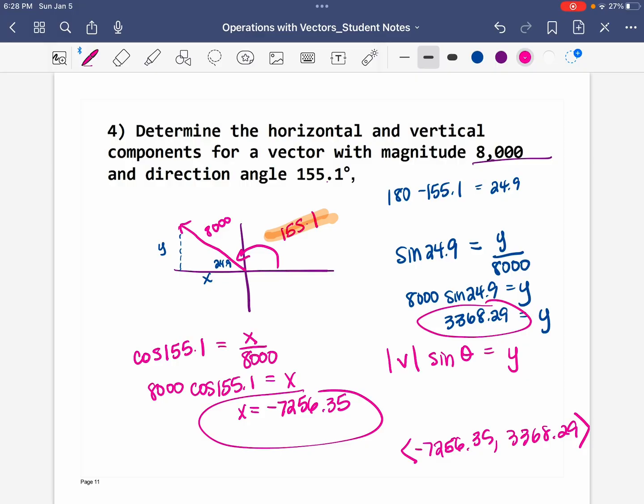All right, so again, you could go through the whole process and find the reference angle, but if you do it this way that I have in blue over here, then when you get your answer, you have to pay attention to where you are in the coordinate plane to figure out if you have a positive or negative value. The shortcut is to use the actual angle given to you, the direction angle, with your sine or cosine piece, and then that's going to give you the right value with the right sign.